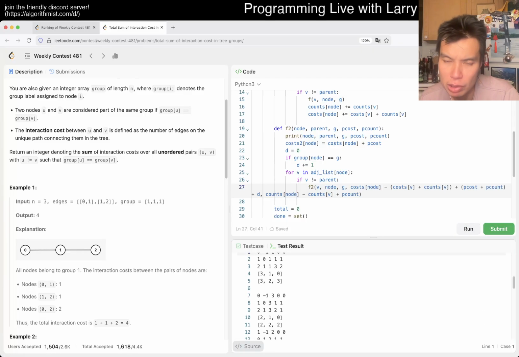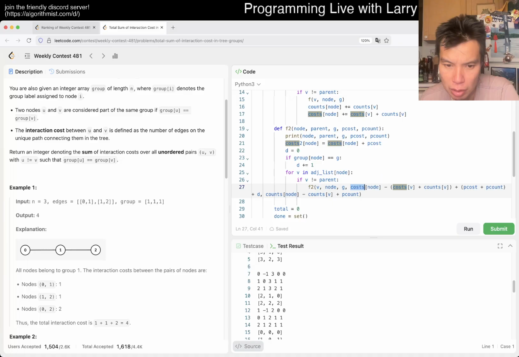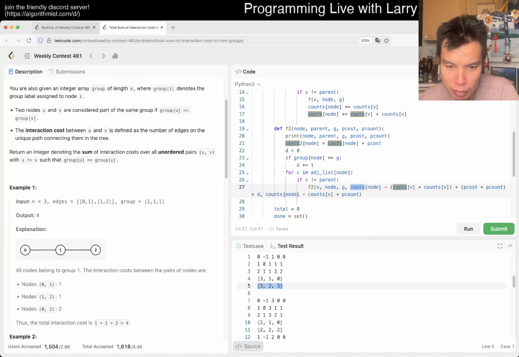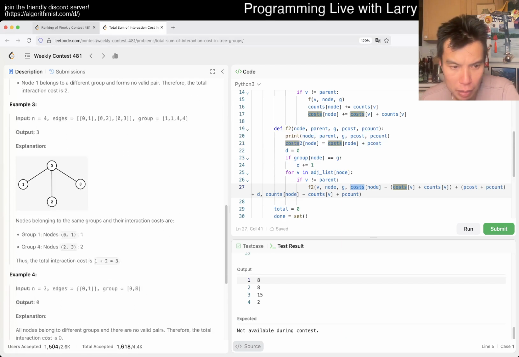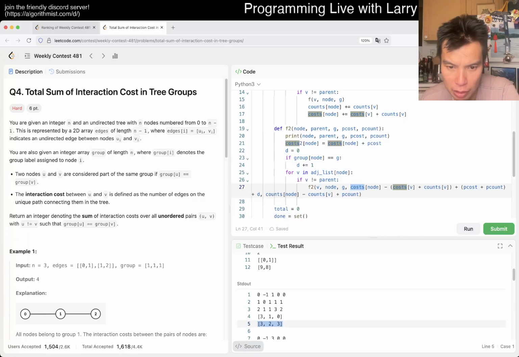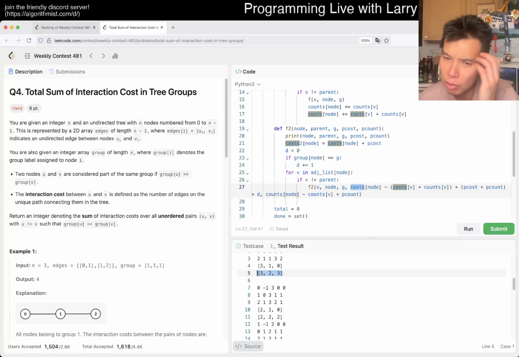Why did I have cost 2? I'm trying to figure out why I have cost 2 here. Did I fix it? Maybe not, but I fixed the first one at least. Because 323 is what I was looking for. Why did I have cost 2?